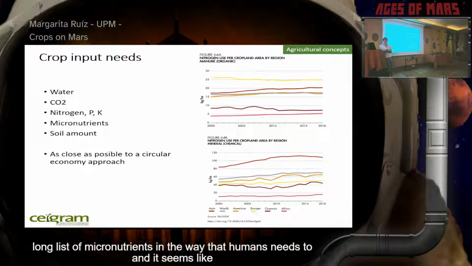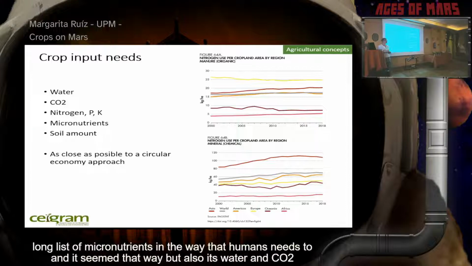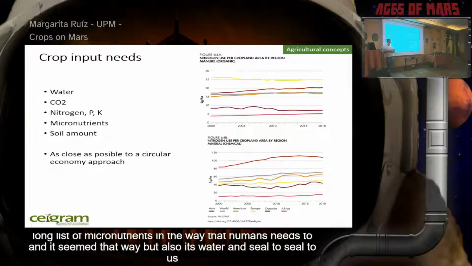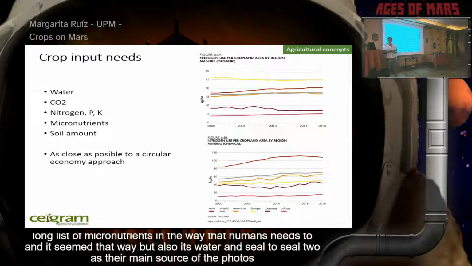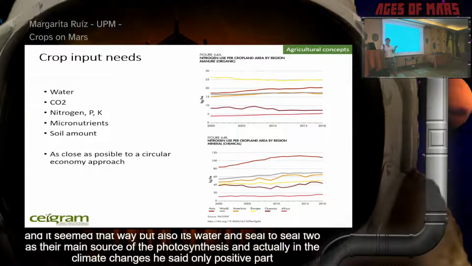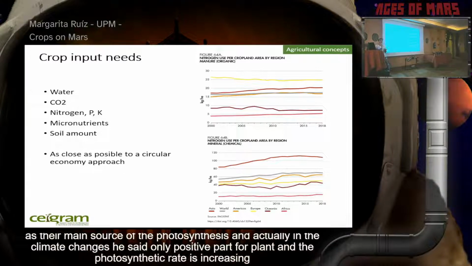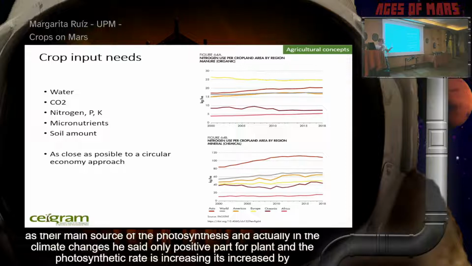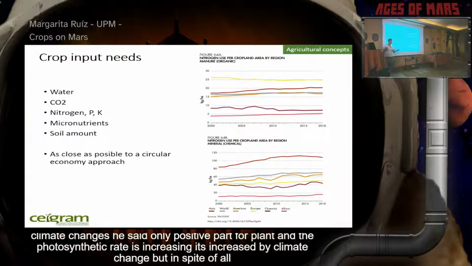But also water and CO2 are the main substrates of photosynthesis, and actually in climate change this is the only positive part for plants. The photosynthetic rate is increased by climate change, in spite of many other negative effects.